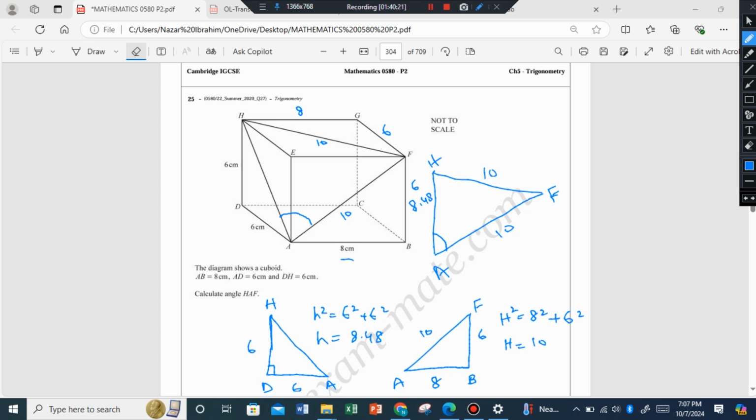Now we should know that we can apply the cosine law when we are to find an angle with all three sides of the triangle known.